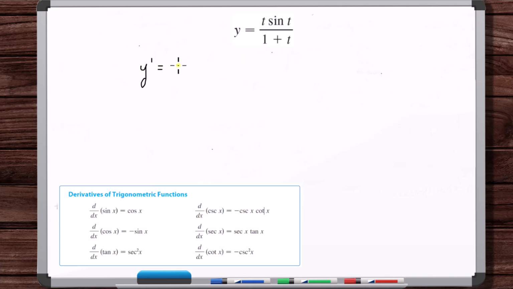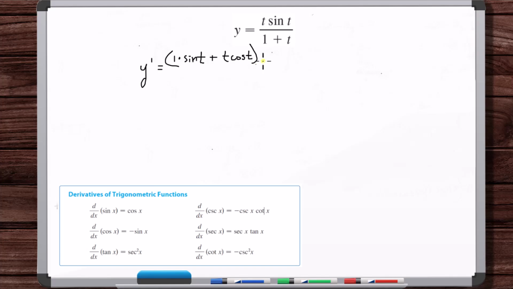Okay, let's use the quotient rule again. The derivative of the top. Here we need to use the product rule. So this is the one function of t, this is the second function of t. The derivative of the first, 1, times the second, plus the derivative of the second, which is cosine of t, times the first. So t cosine t.